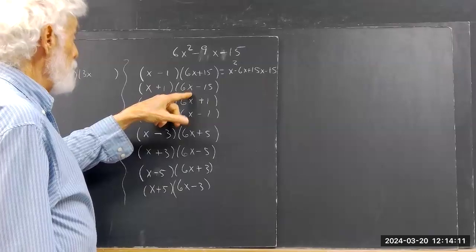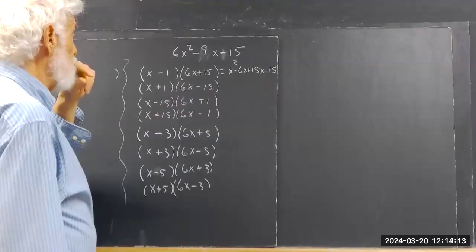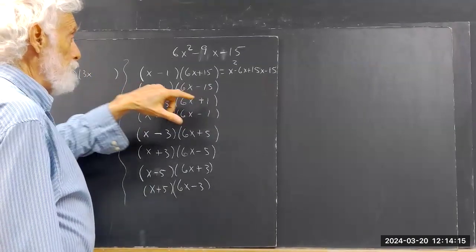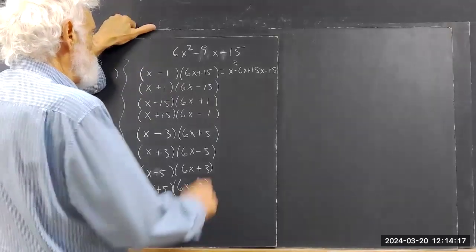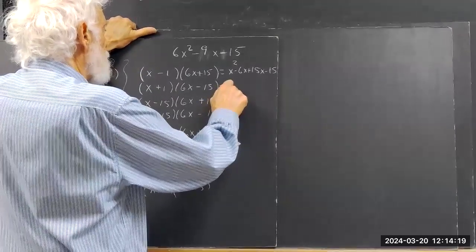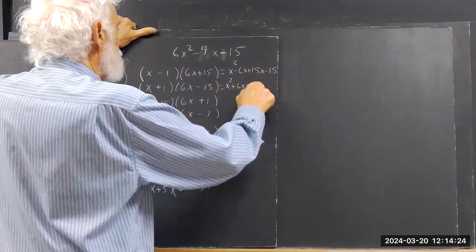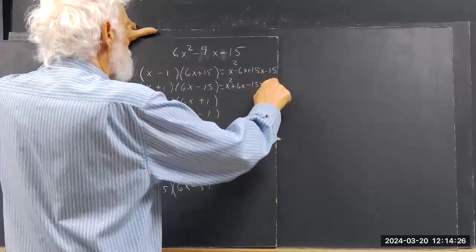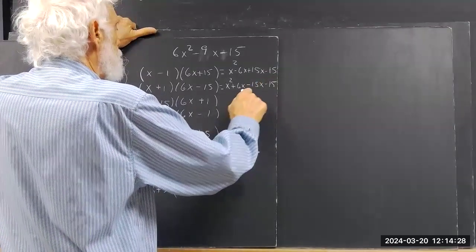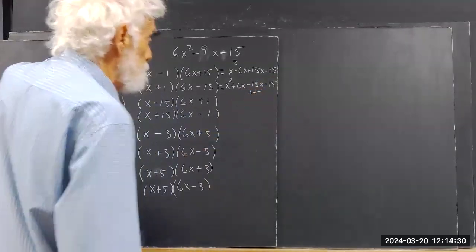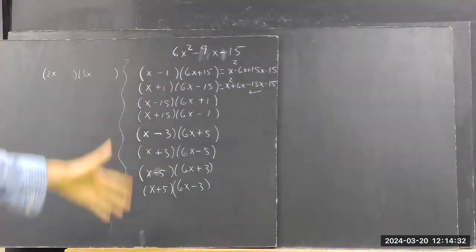If we do this one, we're using opposite signs on the 1 and the 15. And this turns out to give us x squared plus 6x minus 15x minus 15, which is going to check out.